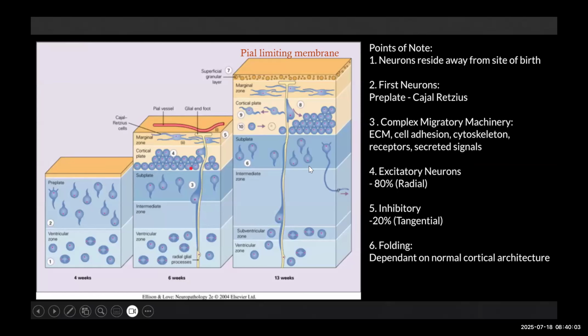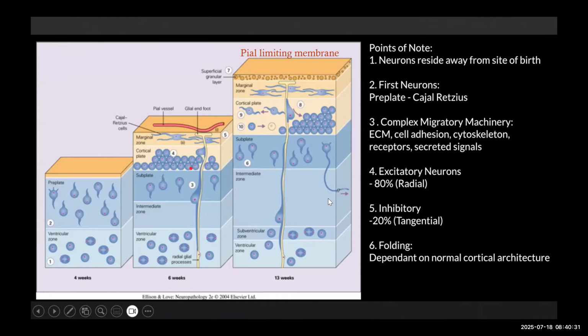Like it has to jump off in layer 1, layer 2, and also it acts as a limiting membrane where the neuronal cells do not cross the pial limiting membrane. So it acts as a coast guard or as a security in a beach resort who prevents people from going into the ocean or sea. So when this function is disrupted, over migration happens, neural cells go beyond the pial limiting membrane, forming cobblestone complex disorders.